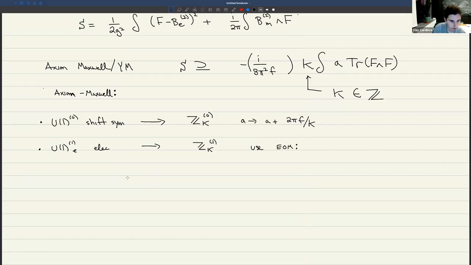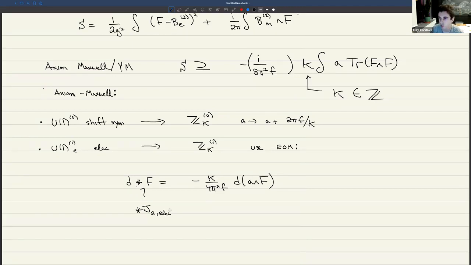So what is the equation of motion? The equation of motion says that d star F equals, let's get the factors right. And so it says this, and I remind you that star F is basically the star of the two-form electric current.